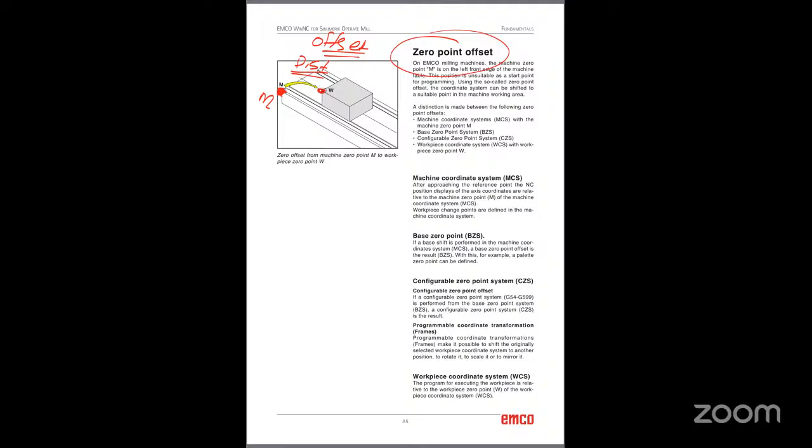You cannot write a program using this M, so we will shift this point to the workpiece. This is the workpiece where we are going to machine. So we will shift the machine 0 point to the workpiece coordinate system, and that is what is called a 0 point offset.